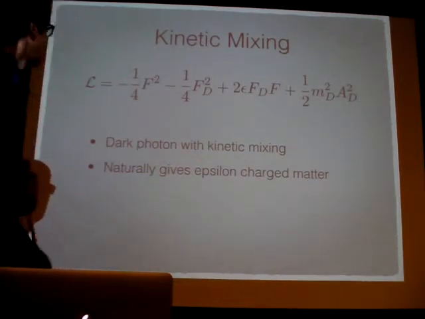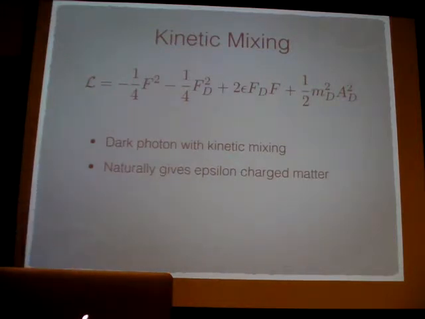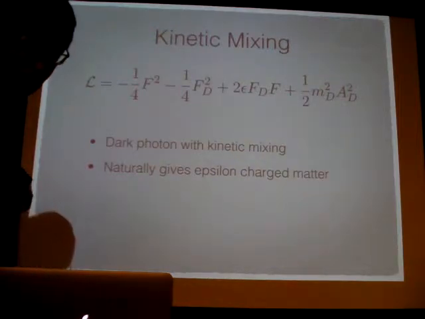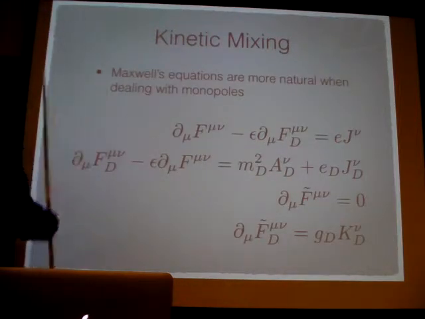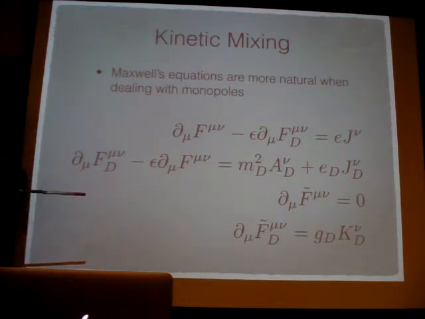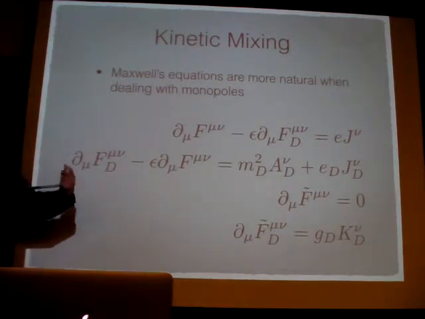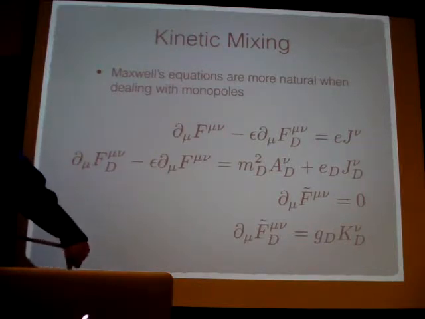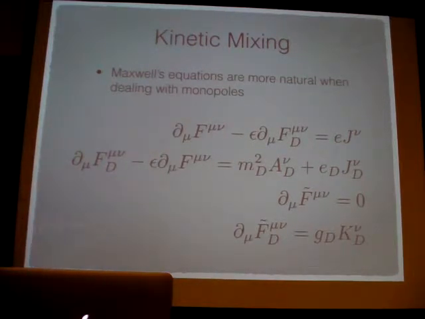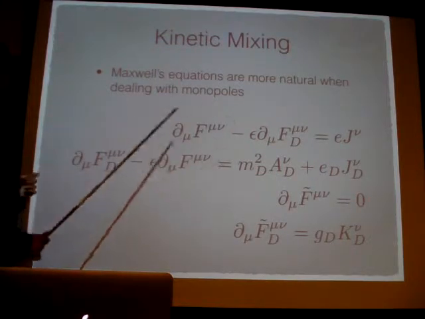Okay, so let's see if I can convince you guys that kinetic mixing naturally gives you this epsilon charge. When talking about monopoles, the Lagrangian is not a very useful object, because monopoles are usually non-perturbative or extended objects, or you have to write down a non-local theory. So let's just write down Maxwell's equations. Here are Maxwell's equations for kinetic mixing.